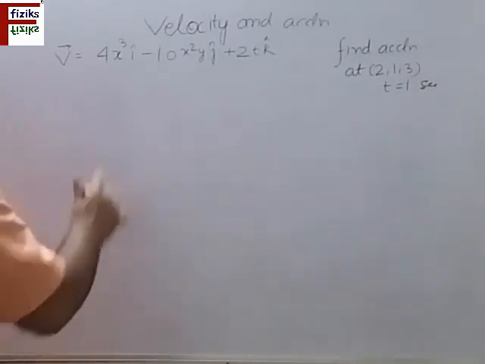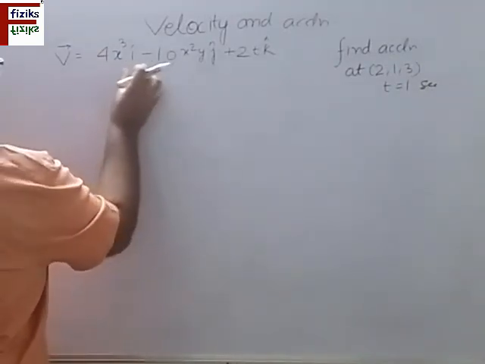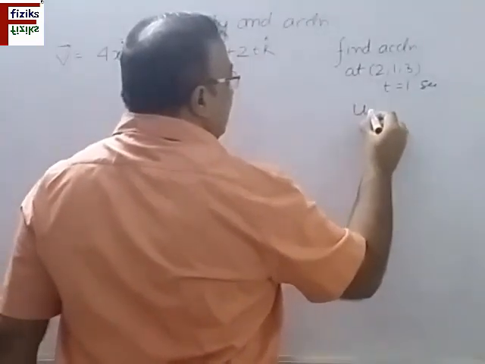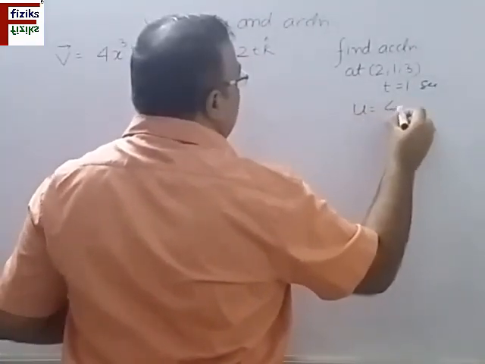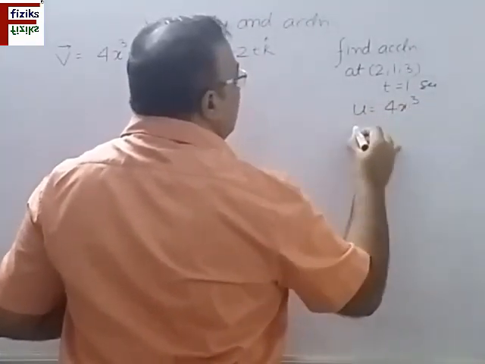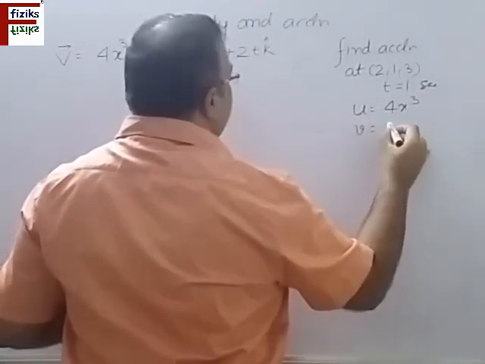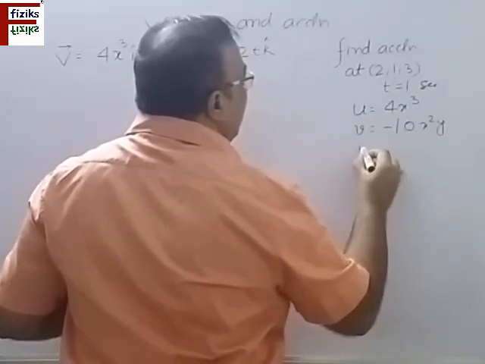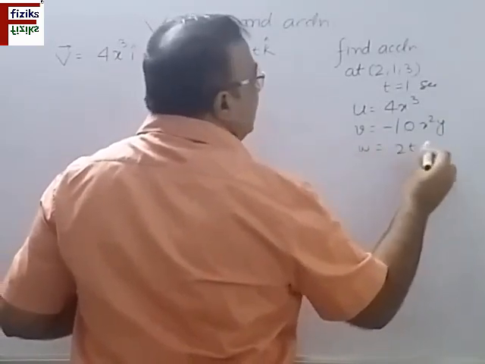Now you know that v is equal to ui plus vj plus wk. So from this I can write u equal to 4x cubed, v, the velocity in y direction, is minus 10x squared y, and w is 2t.